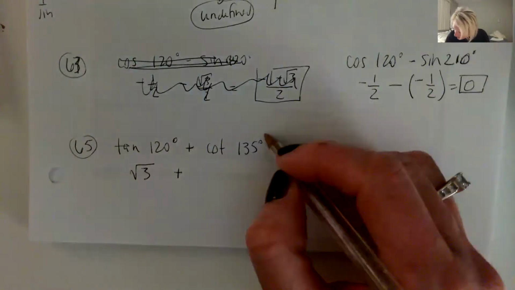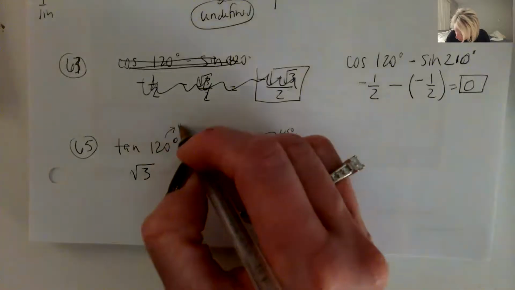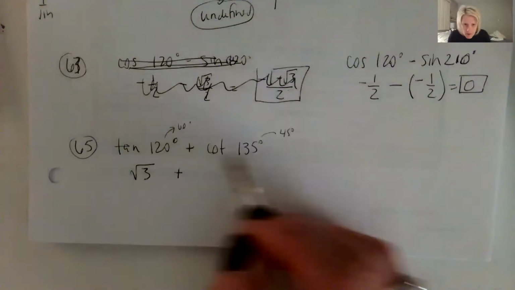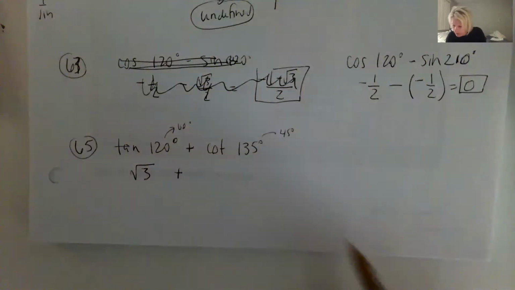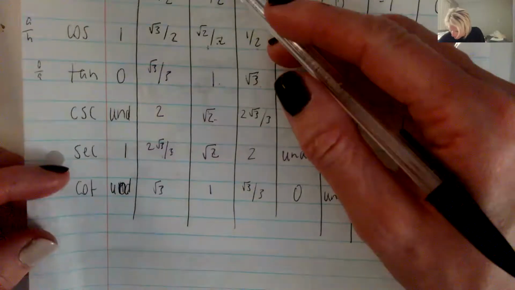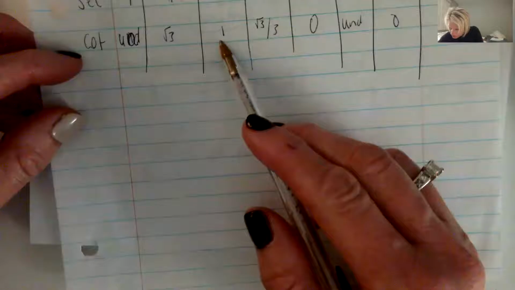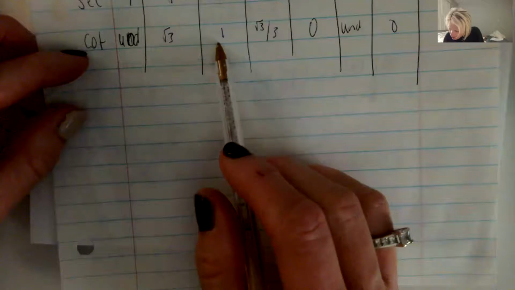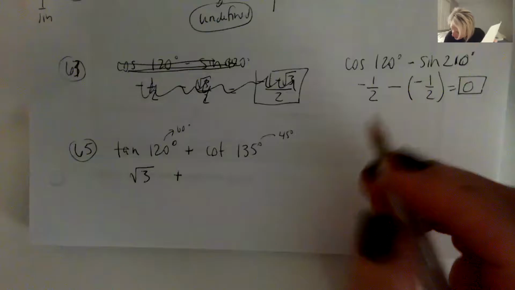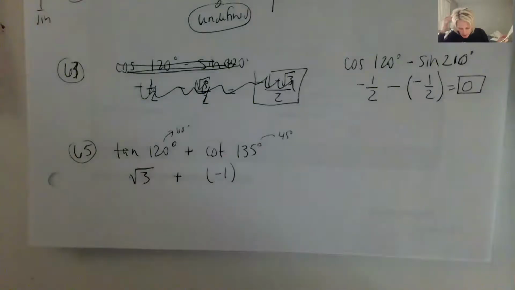The 135 reference angle is going to be 45, since I have to add to 180. So 45 is my reference angle for cotangent, and cotangent is a 1, except it'll be a negative 1 because it's in the second quadrant.